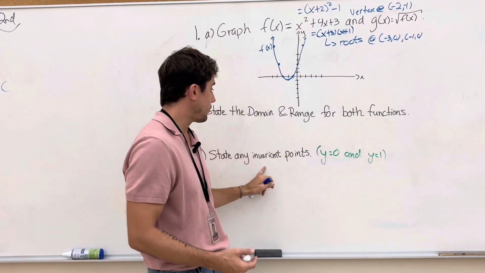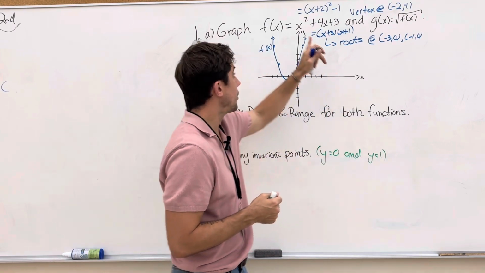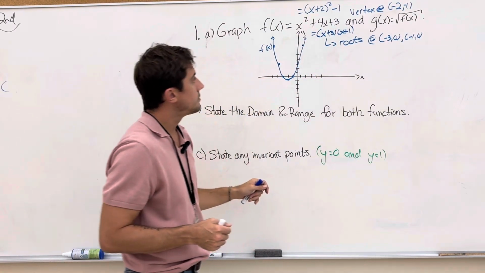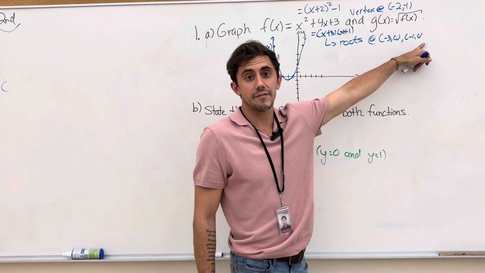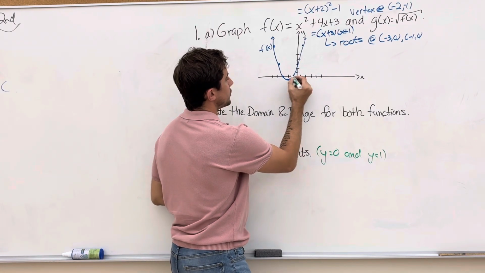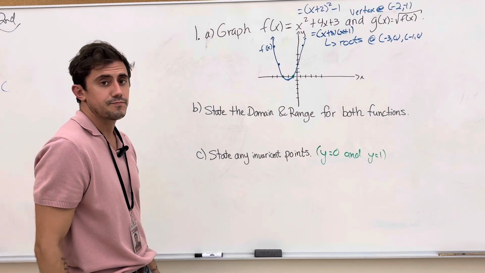That's how we get invariant points, i.e. points that don't change positions on the graph when we go from f of x onto the function g of x, okay? So y equal to 0 is exactly what we have at the roots, and so those are our first 2 points for g of x that we get for free. Those are our invariant points, okay?